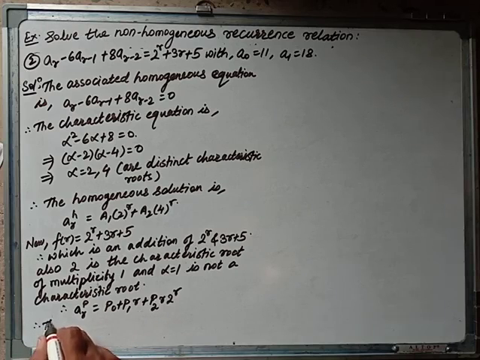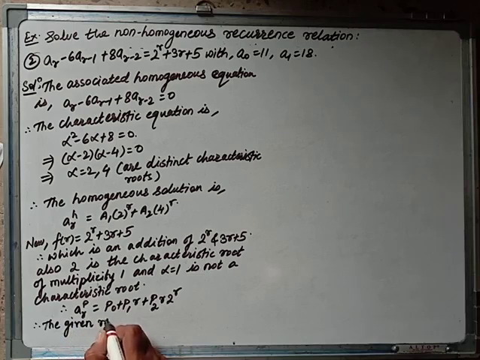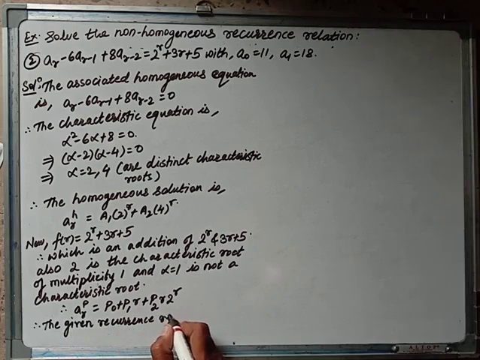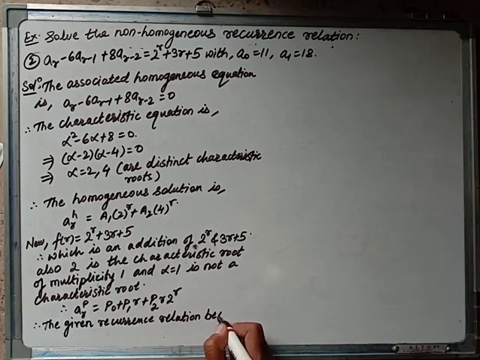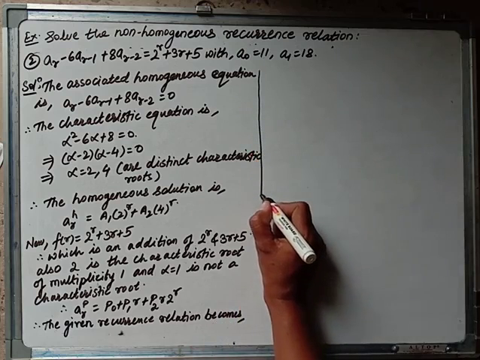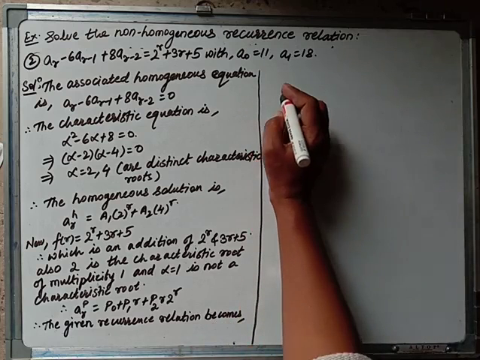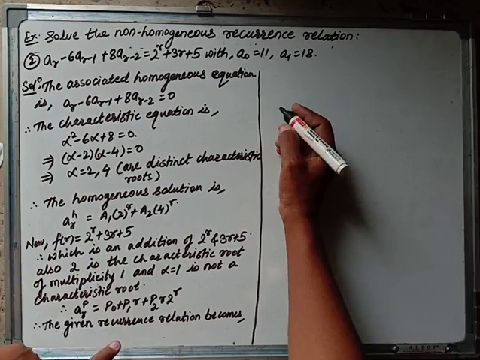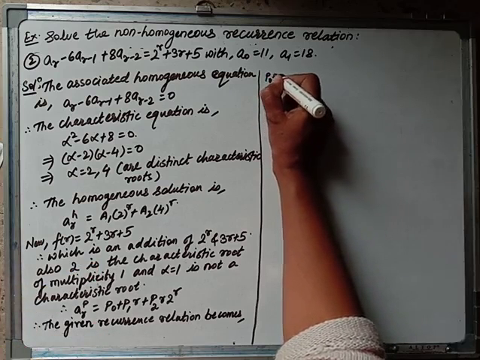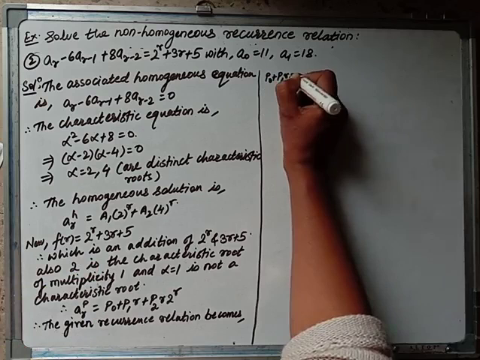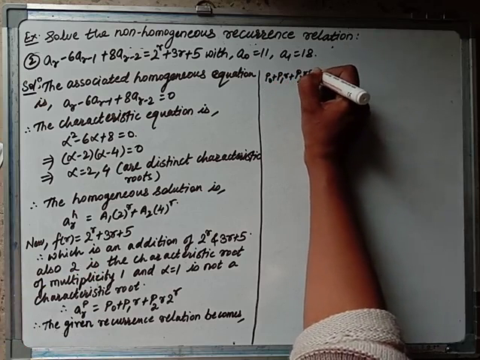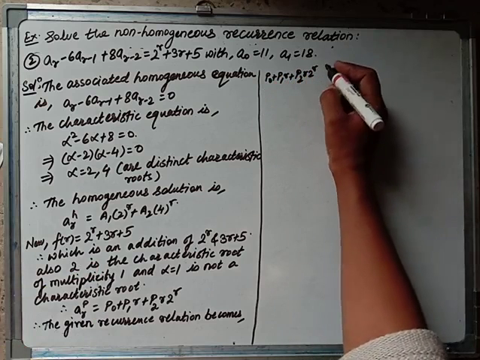Therefore, the given recurrence relation becomes a_r, so the same one, (P0 plus P1 r plus P2 r) into 2 raised to r. Fine.